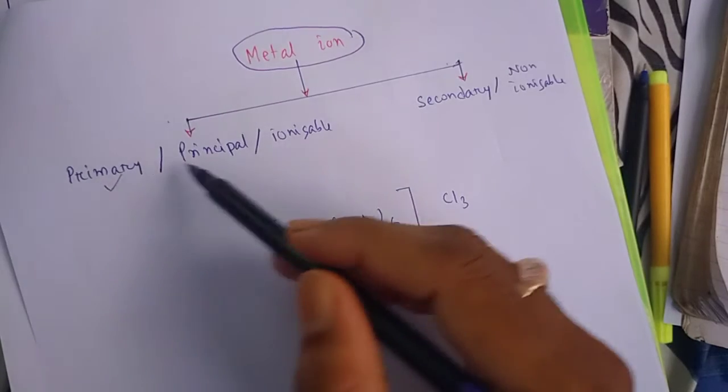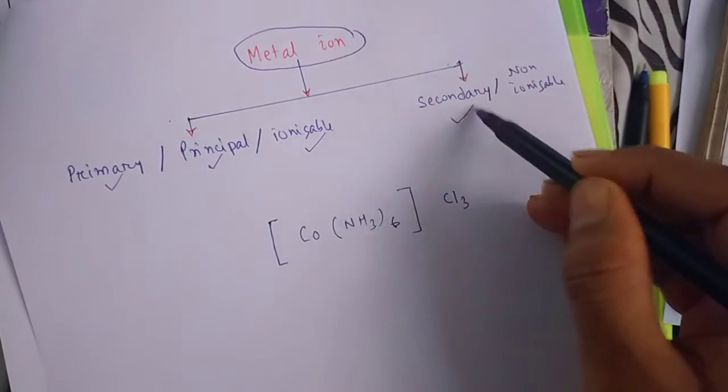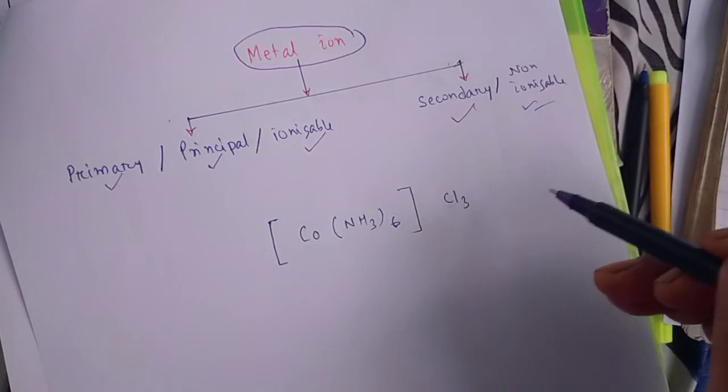One is primary or principal or ionizable valency, and another one is secondary or non-ionizable valency.